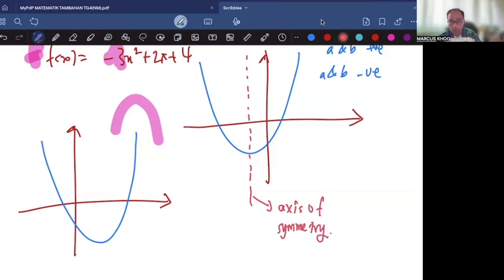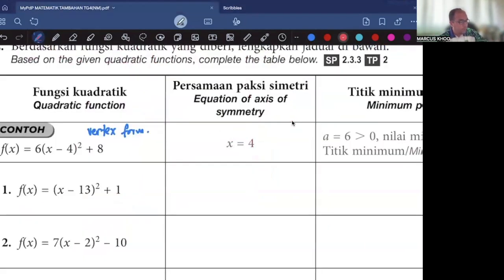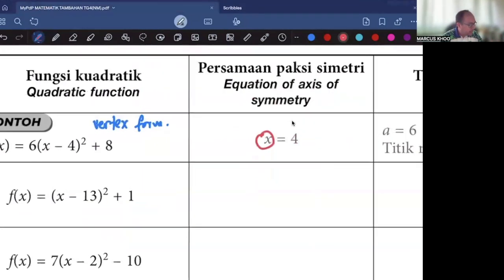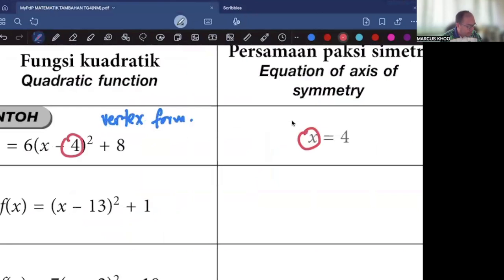And the equation for the axis of symmetry always begins with the letter x, and then x equals to whatever the number is over here, except that you have to change it.